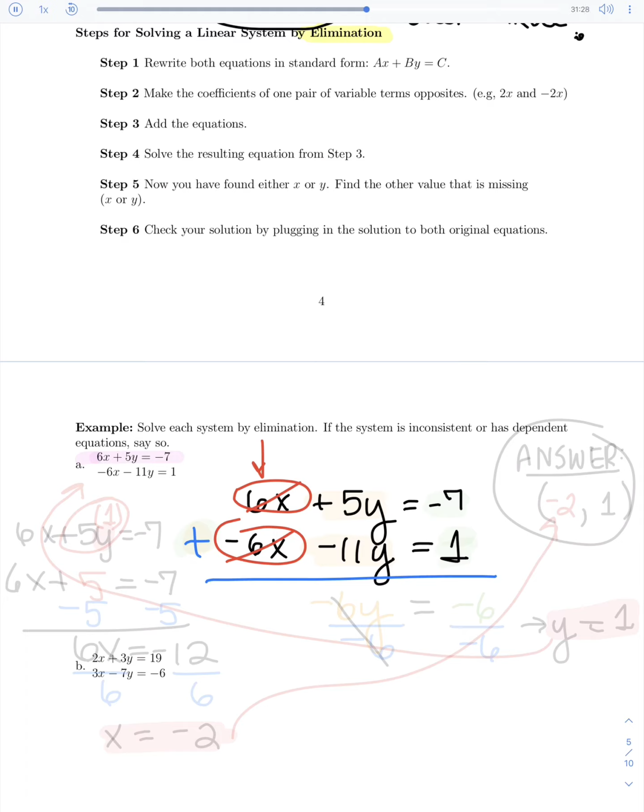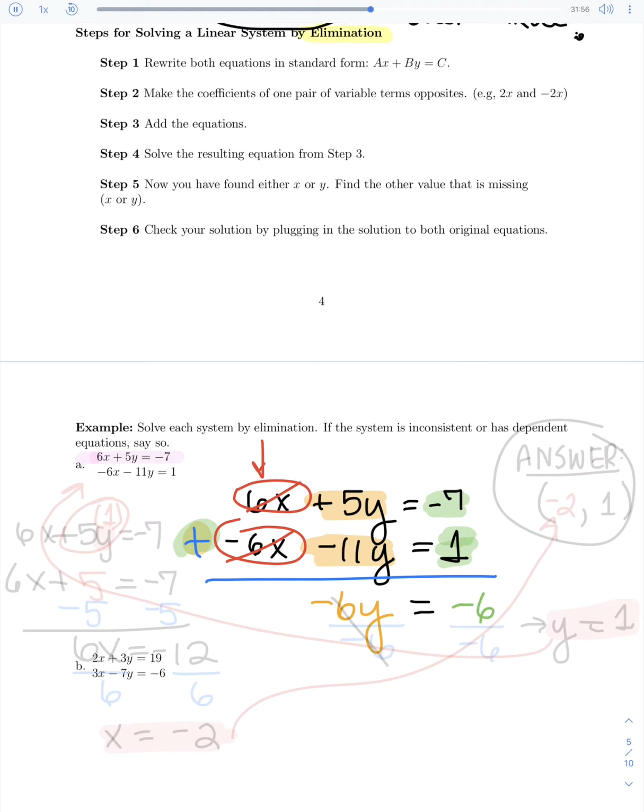We have a 5y plus a negative 11y, which is going to give us a negative 6y equals, I still have to do the same thing to the other side of the equation. The other side of the equation is negative 7 and 1 that we're adding. So that will give us a negative 6.